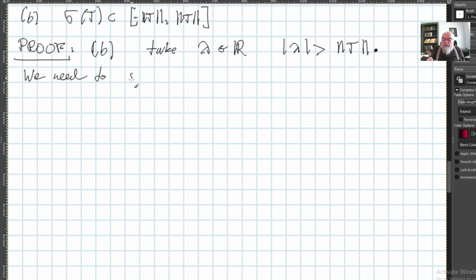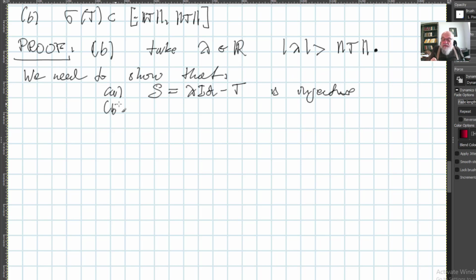We need to show, first, A, that this operator, call it S, lambda identity minus T, is injective, and B, that S, lambda identity minus T, is surjective.